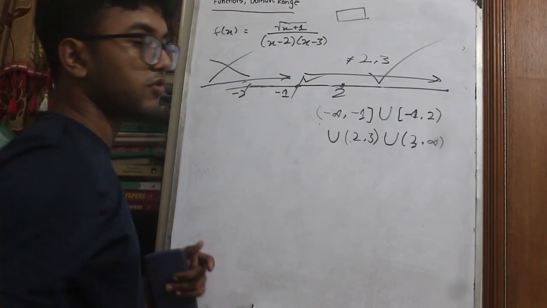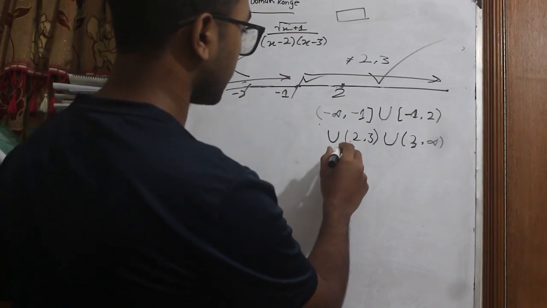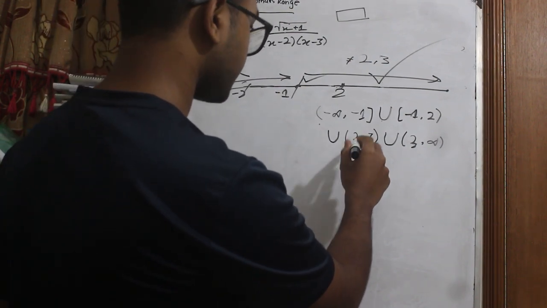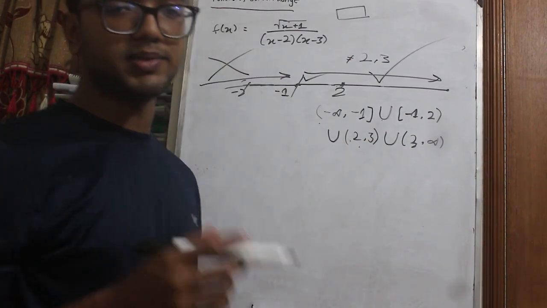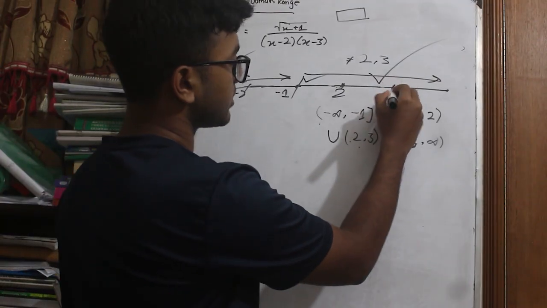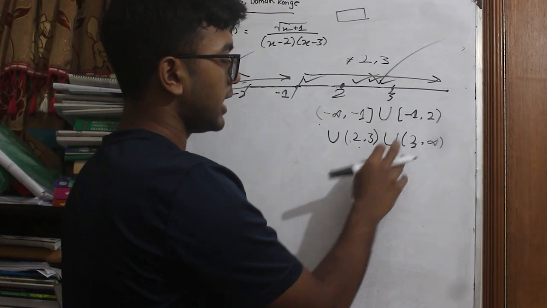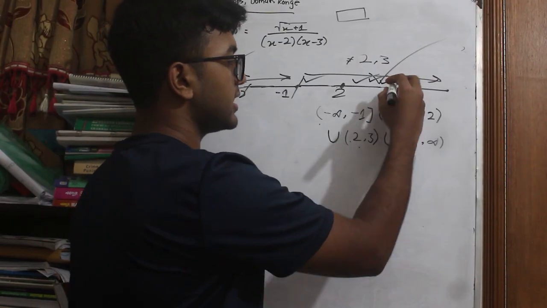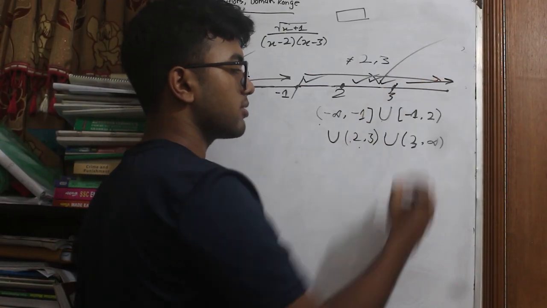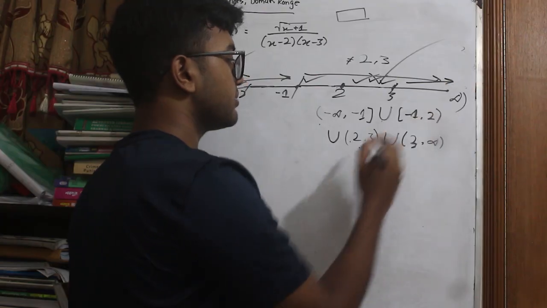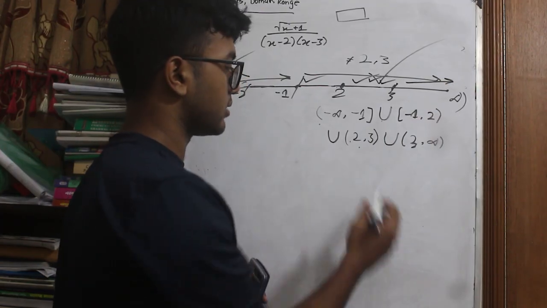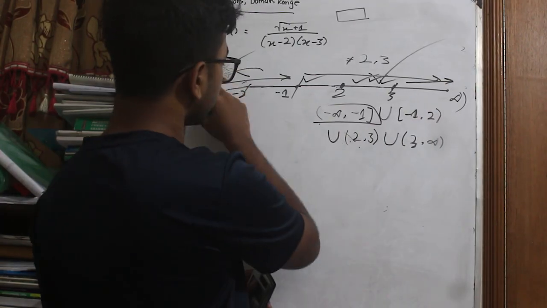And then from 2 to 3, besides 2 and 3, all the numbers between 2 and 3 are acceptable. And the last one means that except for 3, all the numbers from 3 to infinity are acceptable.